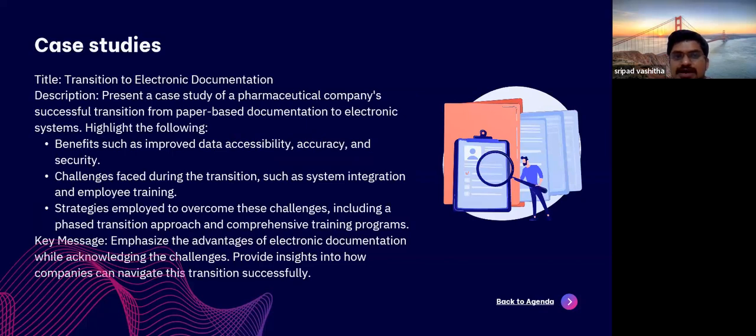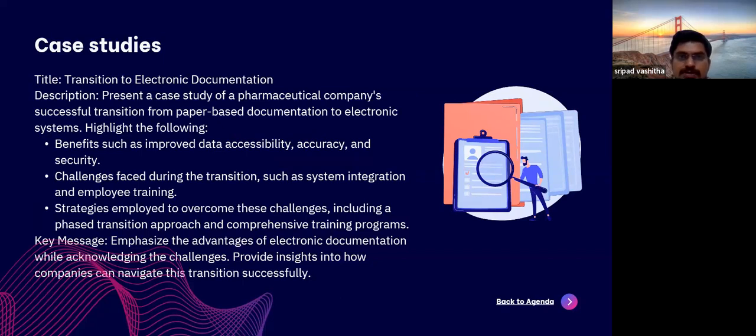So let's see another case, which is fairly good, where we see the transition to electronic documentation. We discussed and stressed the need of the hour for electronic documentation, right? In this case, companies successfully transitioned from paper-based documentation to electronic systems.